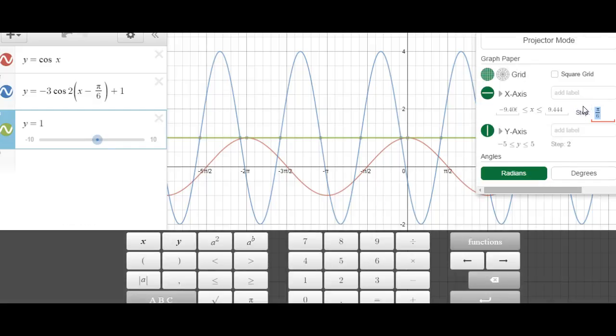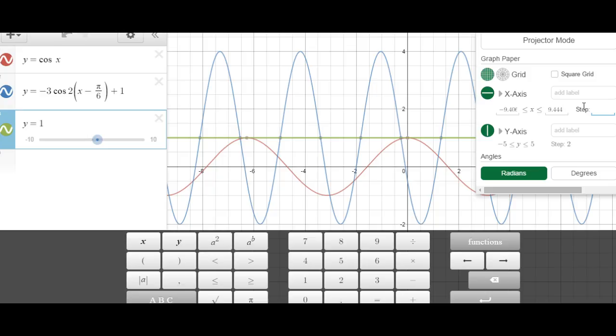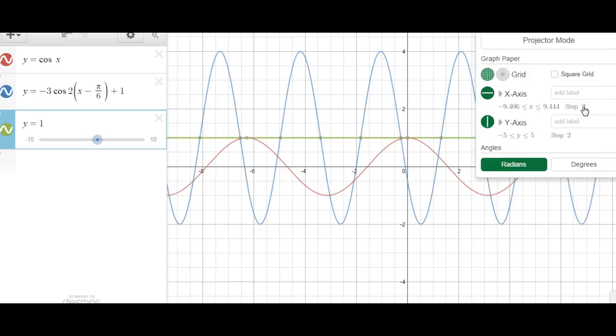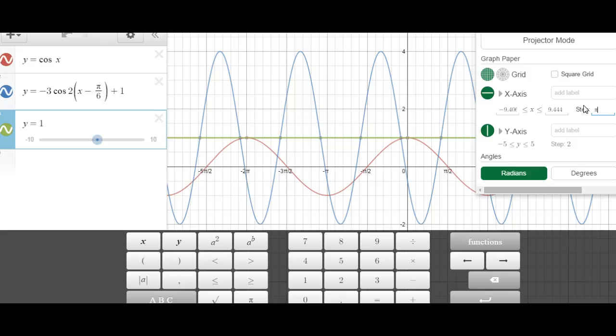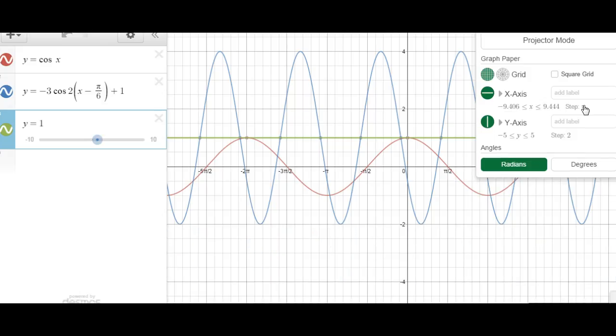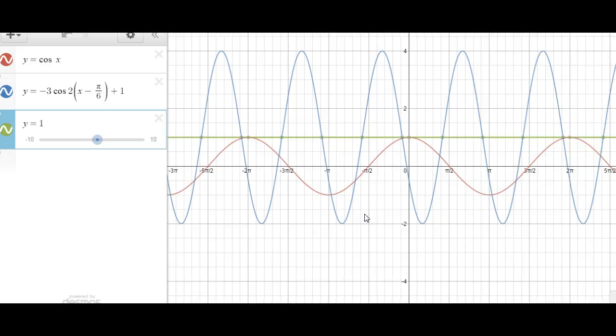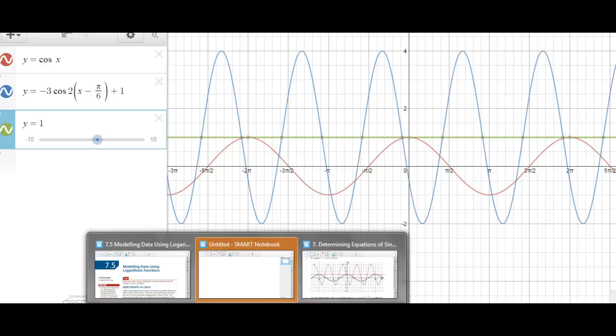Well, it's in red too, so you know what? Let's just take out the step. I don't know, now it went to decimals. Oh, that step changed. All right, let's just say pi. All right, anyways, does it look like this?